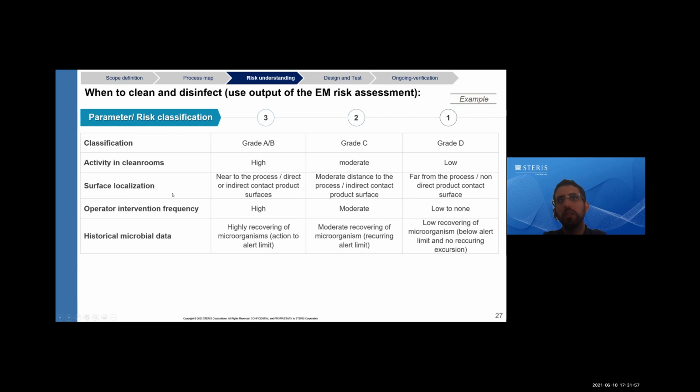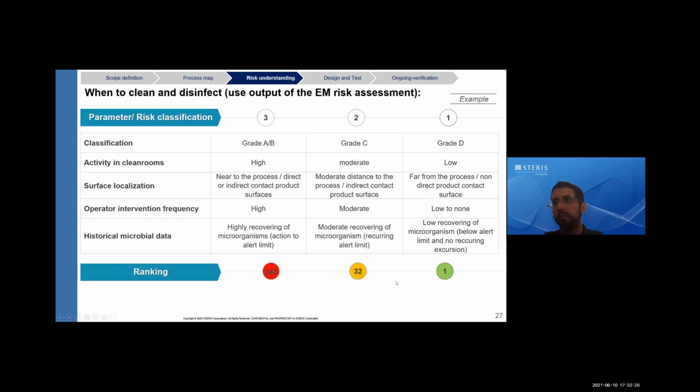Also, the surface localization. For example, if it is a surface near a product, or an indirect product contact surface, or a surface that is highly touched, or operators have a high intervention frequency, this also needs to be taken into account. And of course, historical microbial data should always be taken into account if you have it.